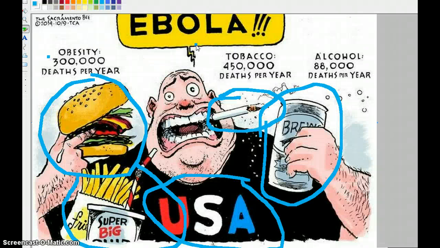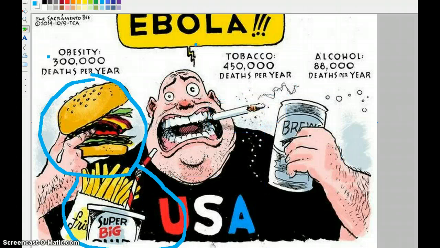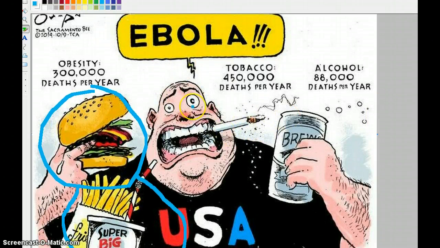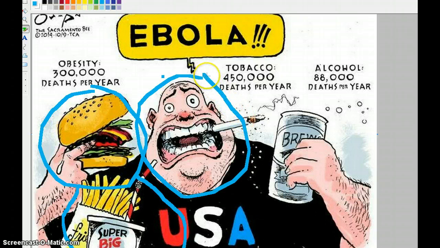So if we go back to the cartoon, I would say that the exaggeration that's done in this case is the expression on the character's face. This is an expression of panic, and I think this is done to convey American panic over the Ebola outbreak.